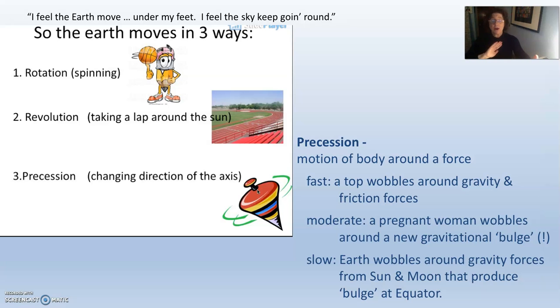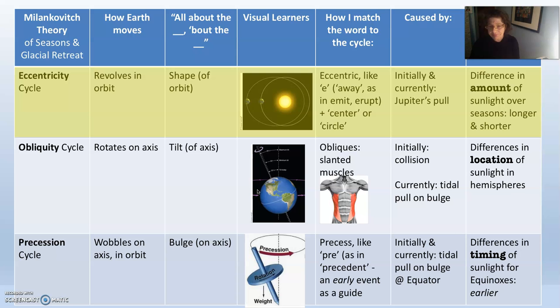The equator is making this a little bit of a distorted sphere for the Earth, and that wobble really impacts the rotation of the Earth around its axis.